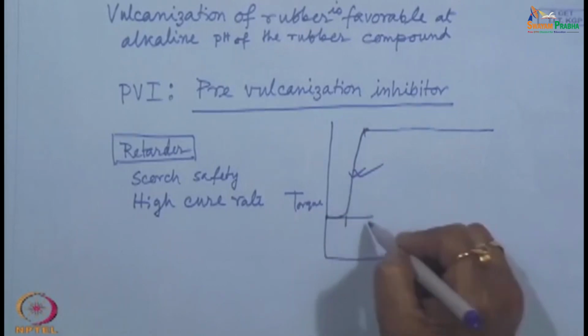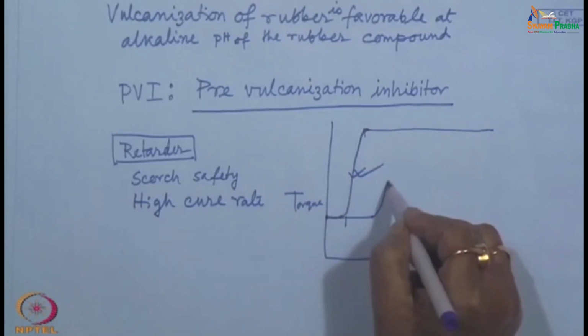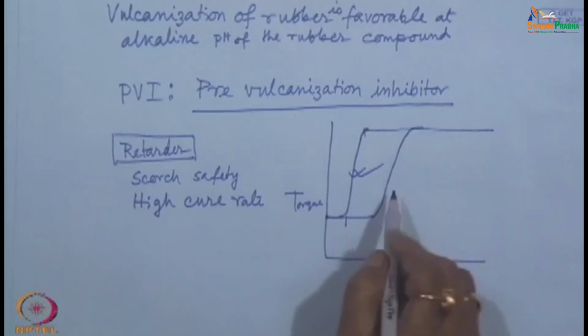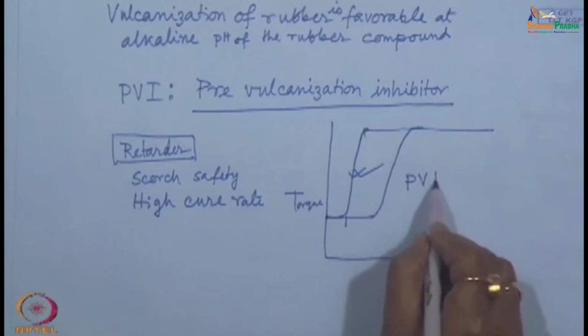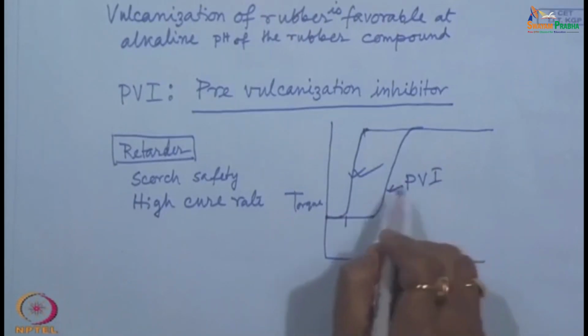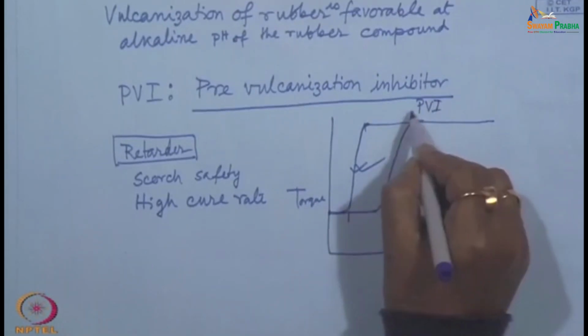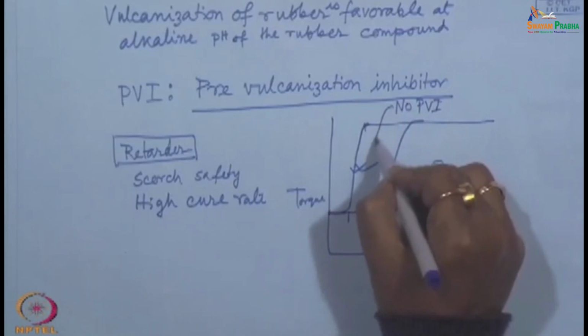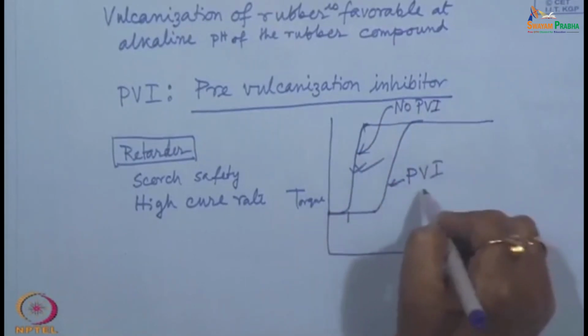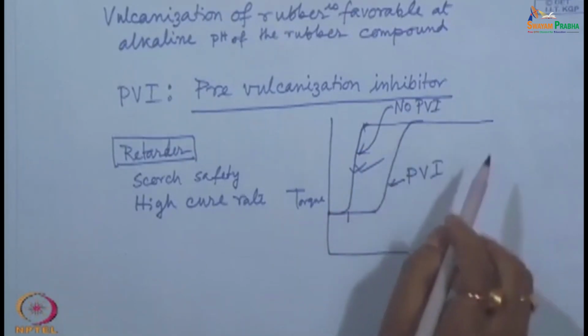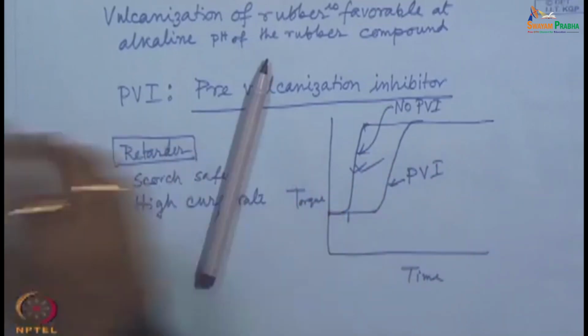So instead of this curve, one can get this kind of curve if some PVI is used. Here there is no PVI in this case, and in this case there is PVI. So this kind of characteristic can be obtained if some pre-vulcanization inhibitor is used.